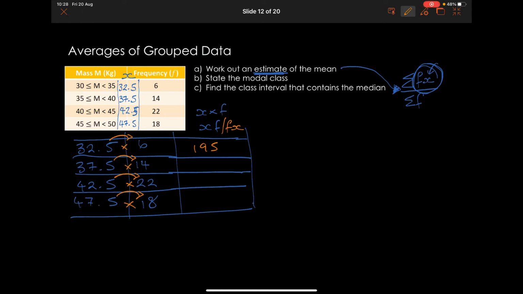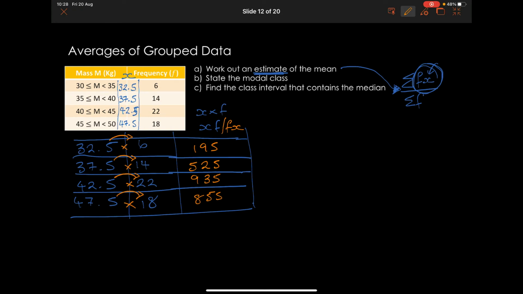This is most likely going to be on your calculator paper, so don't panic. In fact, it will be. 37.5 times 14 is 525. 42.5 times 22 equals 935. And 18 times 47.5 is 855.